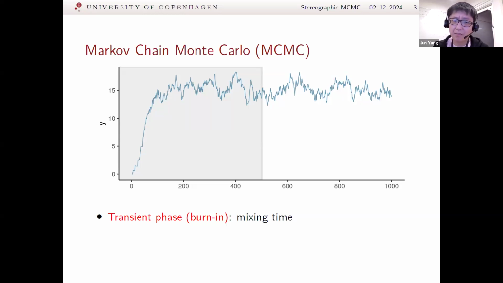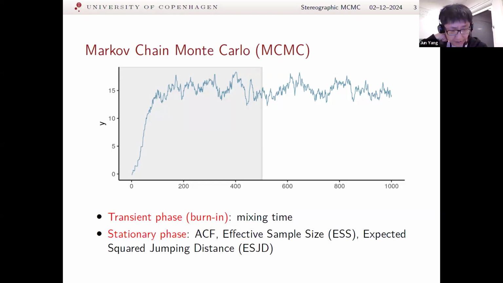After this burn-in period, the second phase is called the stationary phase. In this stationary phase, we want to use the samples, the output of MCMC algorithms, to do Monte Carlo estimation. The key question is about the quality of the samples produced by this MCMC algorithm. It corresponds to how efficiently this Markov chain can explore the state space.